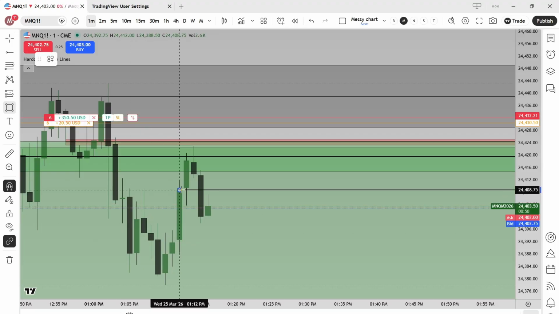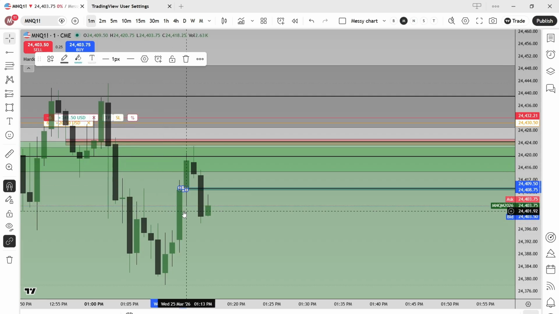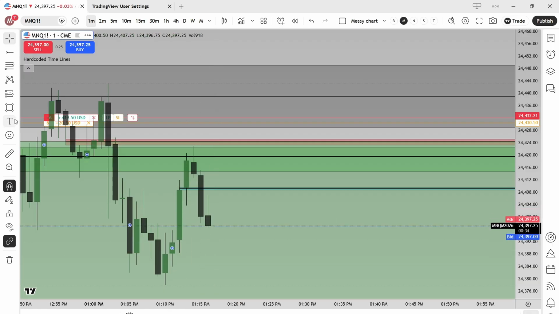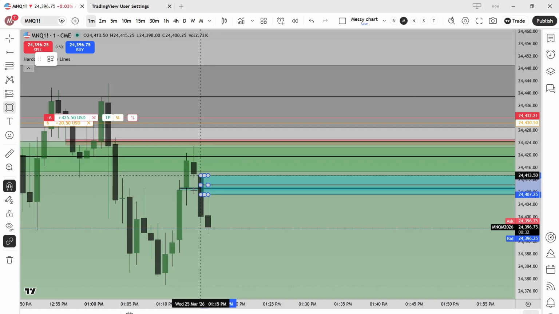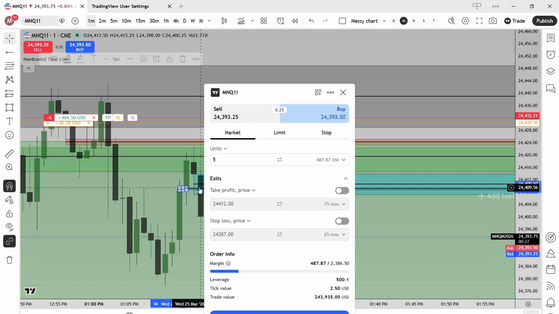Currently looking at this volume imbalance. I'll make those that color. Can we get to it? That's perfect. I want to see this gap stay open. Oops.